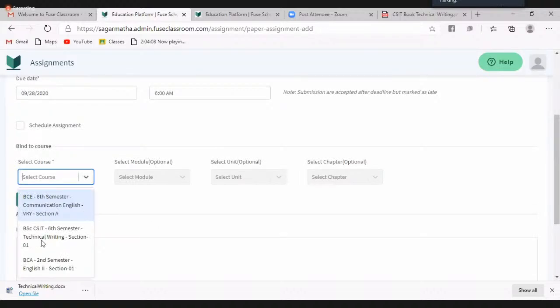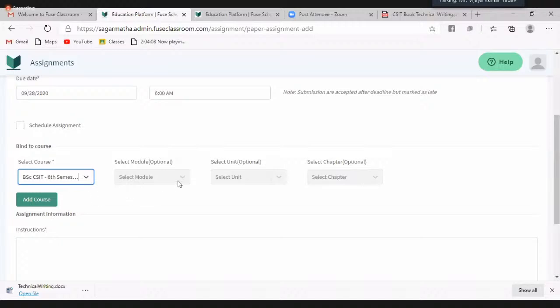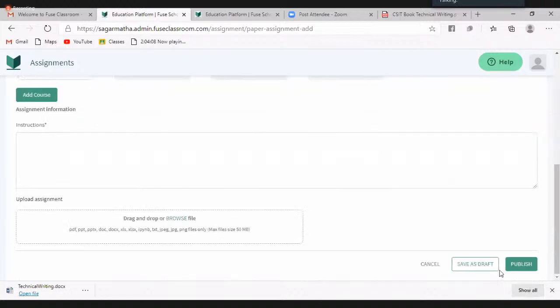6th semester CSIT, this one. Yes. And then select module. You don't have to do the others, others are optional. You can just add course. Okay. Now publish. No, you have to press the button add course.